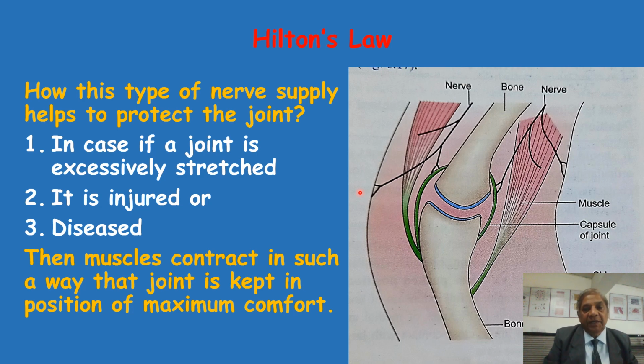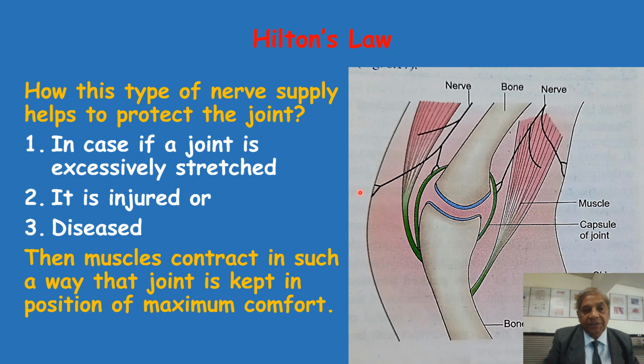Why is the same nerve supplying three different structures at the same time while crossing a joint? How does this type of nerve supply help to protect the joint? This helps to protect the joint if the joint is excessively stretched. When the movement is excessive, then we start feeling the pain.